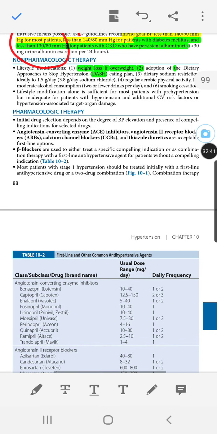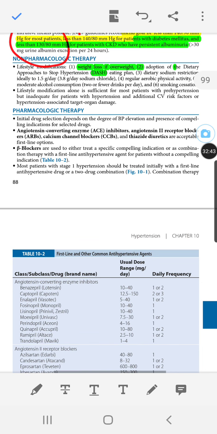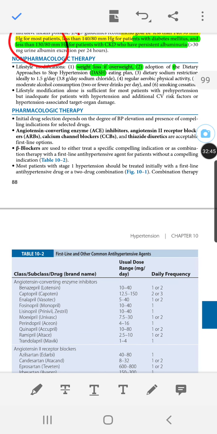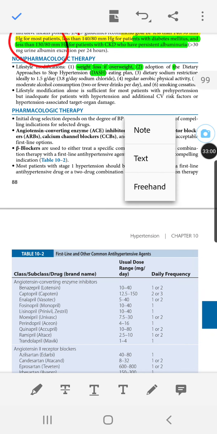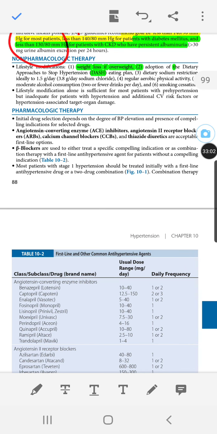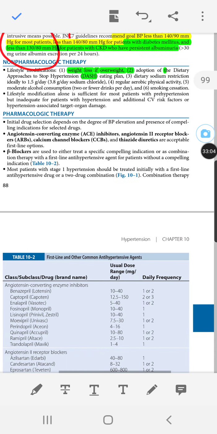So we have to take some dietary approach to stop the hypertension. It's an eating plan: we should take some kinds of food, or avoid some kinds of food, to prevent hypertension. Third one is dietary sodium restriction, ideally to 1.5 gram per day.